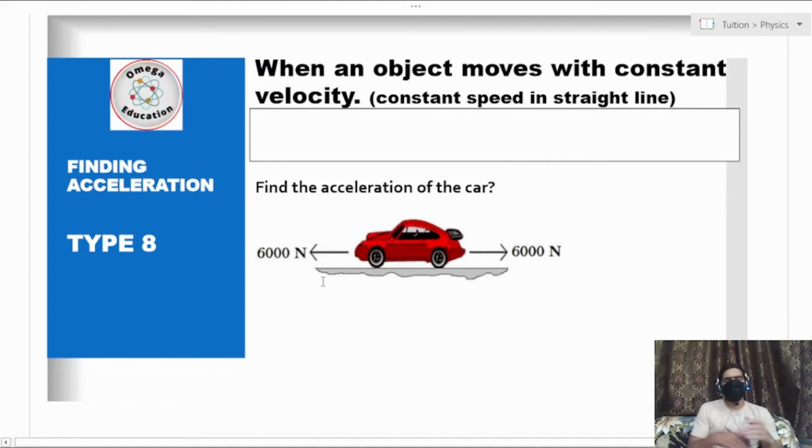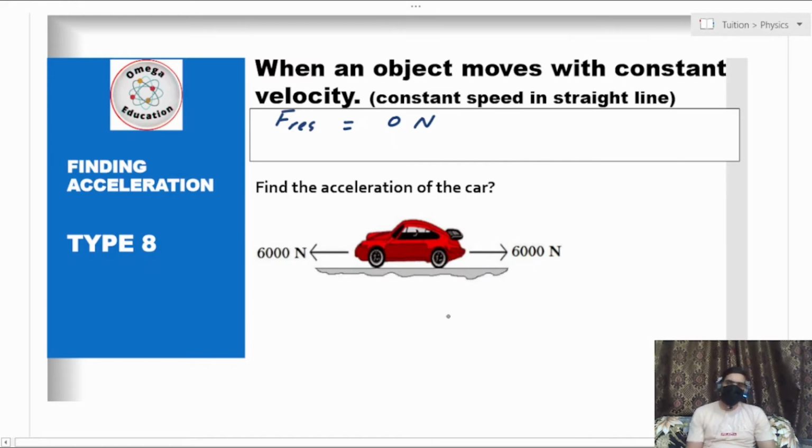So 7 and 8 are mirror images of each other. This can be called the extension of the previous one. When an object moves with a constant velocity or with constant speed in a straight line, the resultant force acting on the object would be 0.